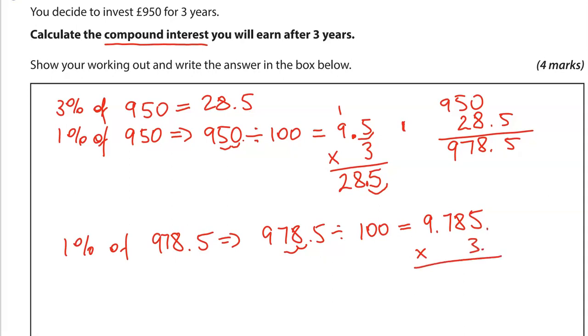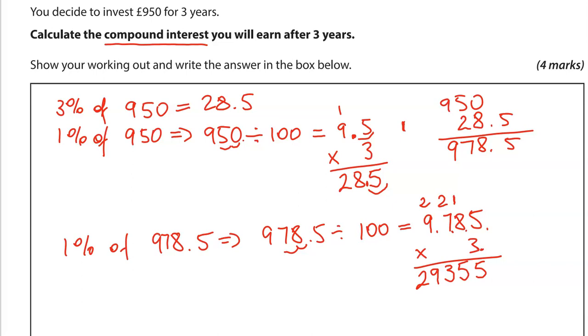So 3 times 5, that is 15. So we put 5 down and 1 is carried over. 3 times 8 is 24, and the one we had carried over, that is 25. So 5 down and 2 carried over. 3 times 7 is 21, and the 2, that is 23. So 3 down and 2 carried over. 3 times 9 is 27, and the 2, that is 29.